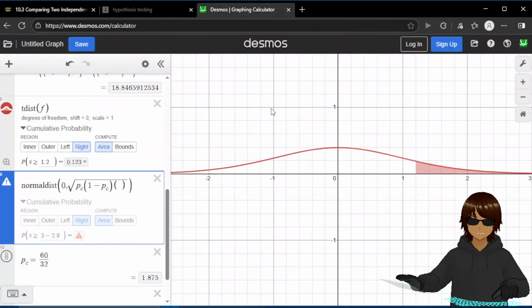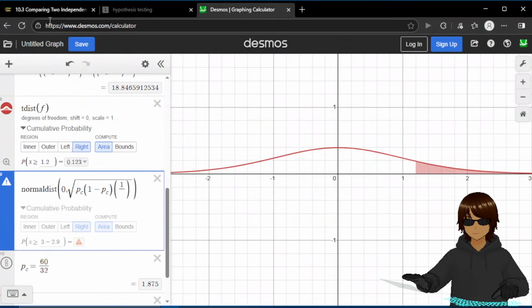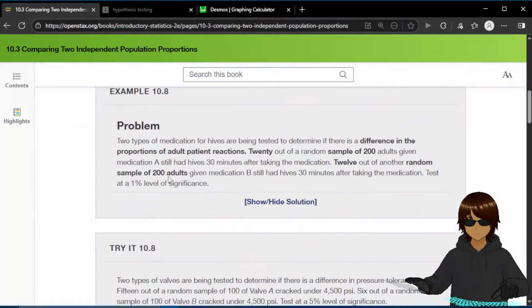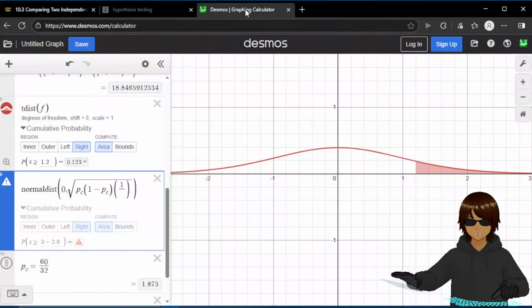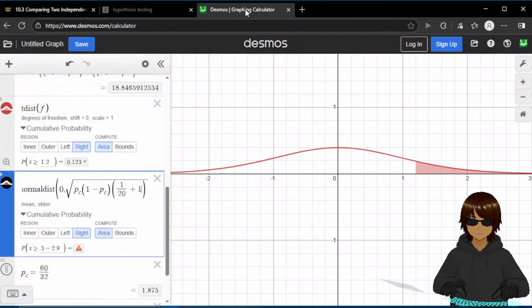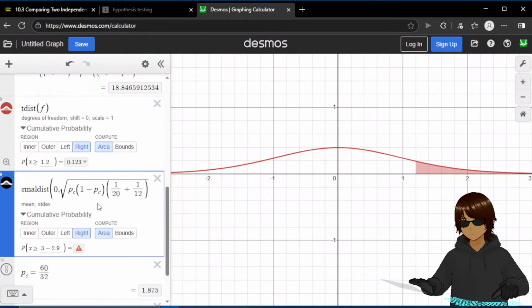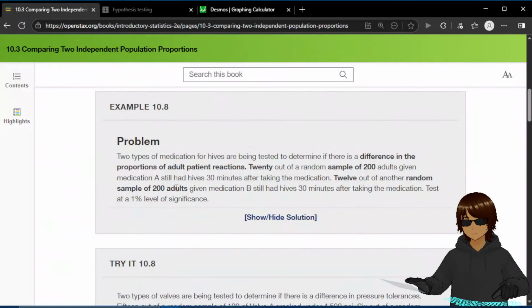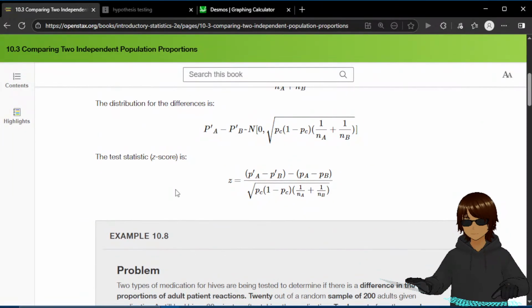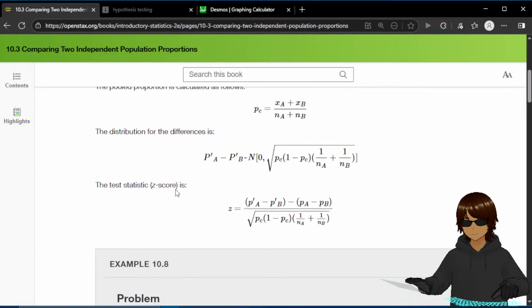One over NA, 20 plus 1 over 12. The Z score is proportion of A minus, PA minus PB.